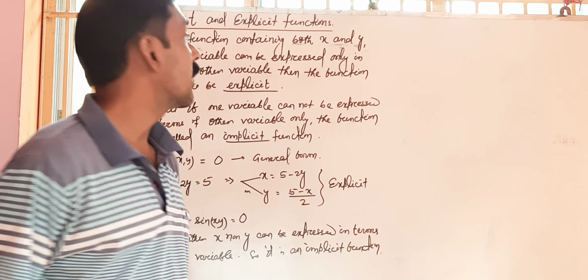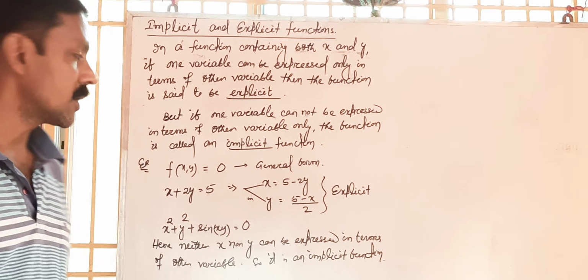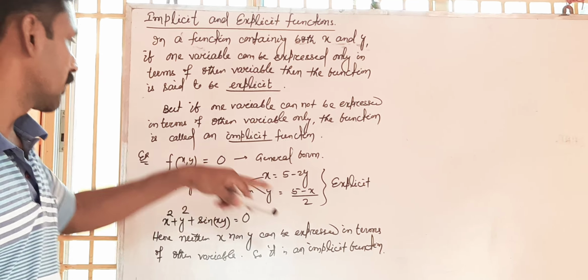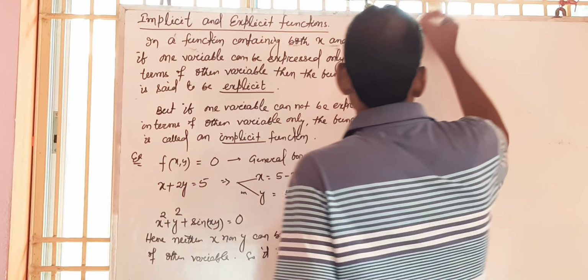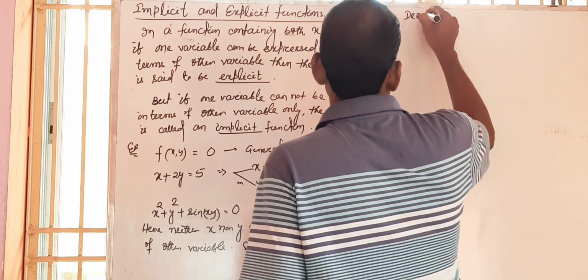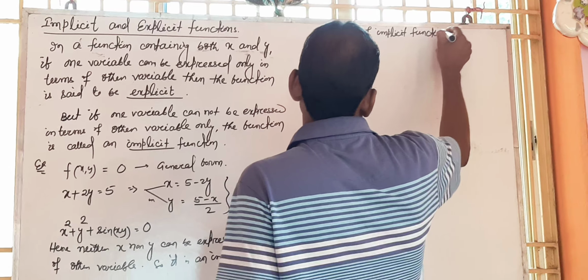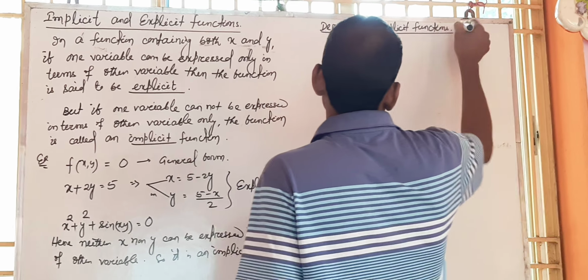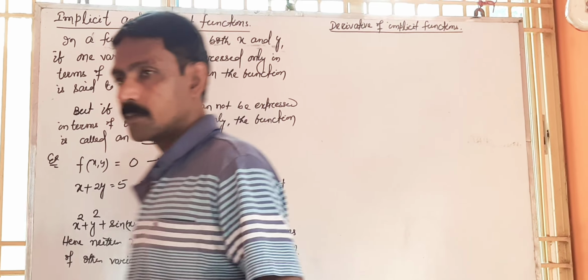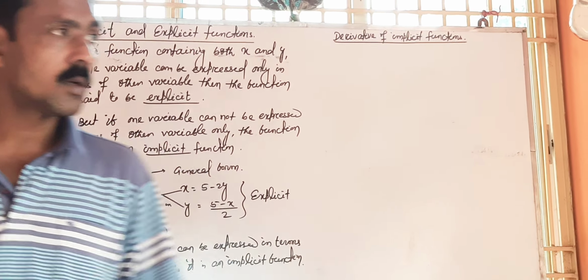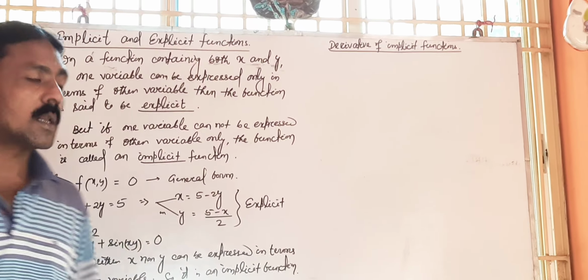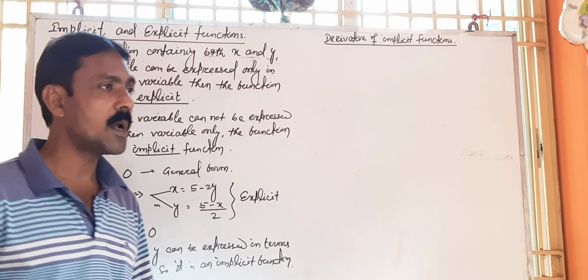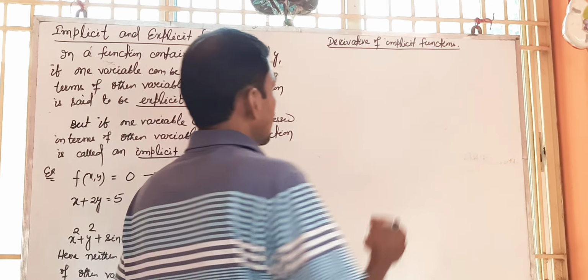Now how to find the derivative of an implicit function? This type easily you can find, but how to find the derivative of an implicit function? Here the method is the same, only the extra thing is we have to multiply dy by dx.